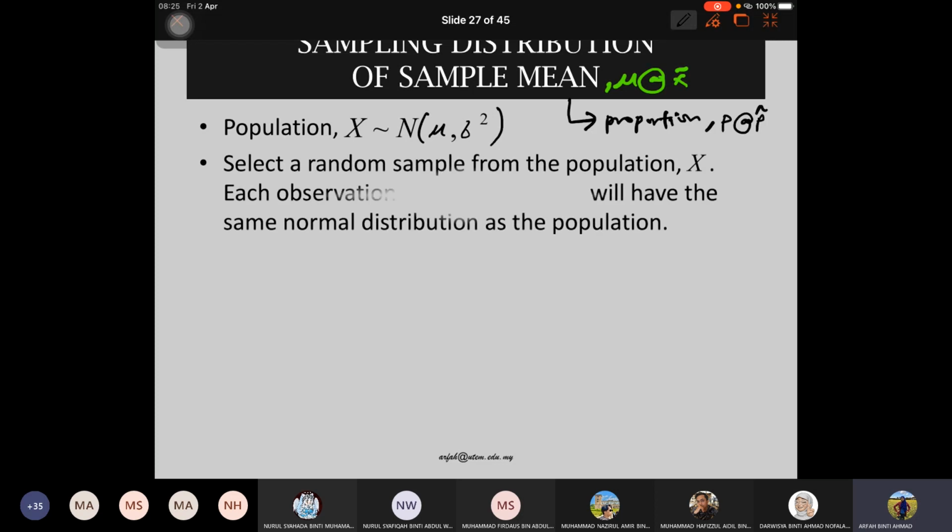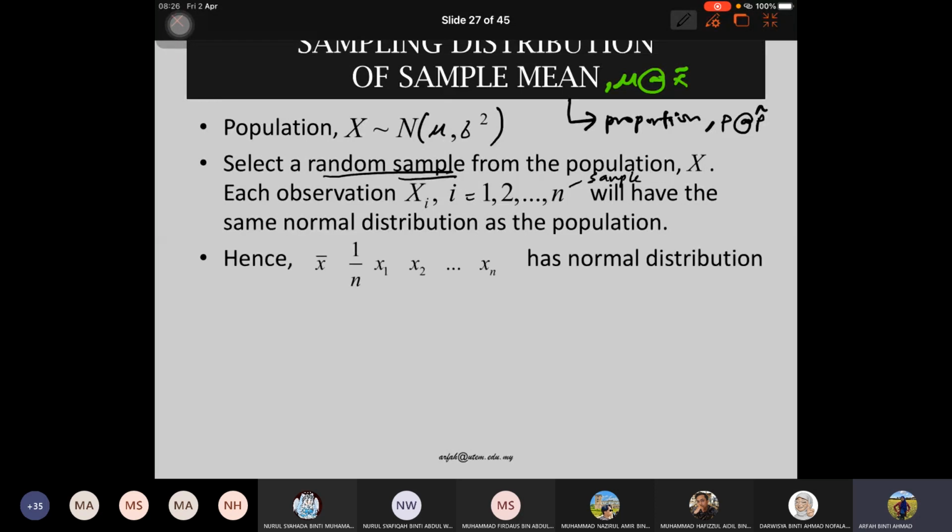So, katakan kita pilih sample from the population of X. So, each observation X1 sampai Xn, yang mana N ini adalah sample. Select a random sample. So N is your sample selected. So we'll have the same normal distribution as the population. Maksudnya kalau population awak, kita tahu population awak follow normal distribution, then kita select N sample. So sample ni pun akan follow normal distribution, ikut population punya.